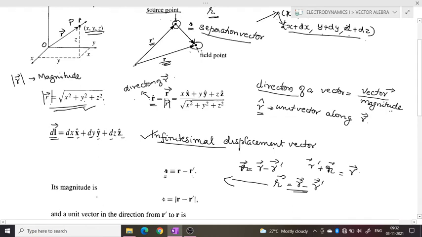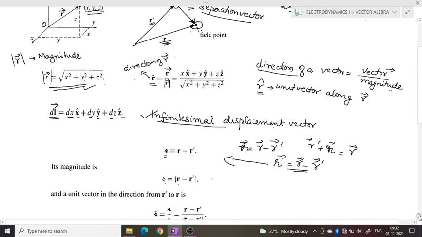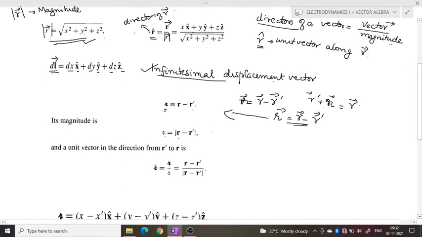Now what is the magnitude of this vector? R is equal to the magnitude of r minus r dash. You can find out the magnitude of the separation vector, and the direction of vector r you can find like this: the vector divided by its magnitude.